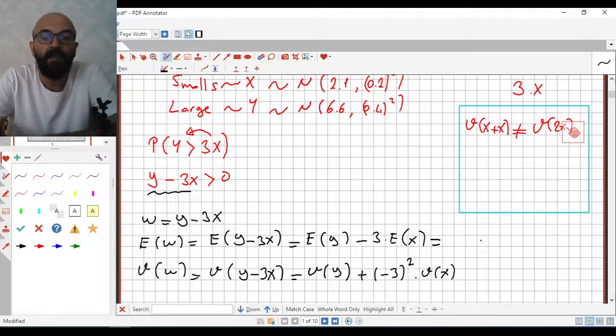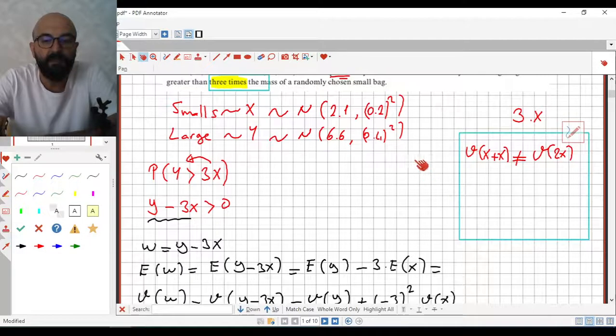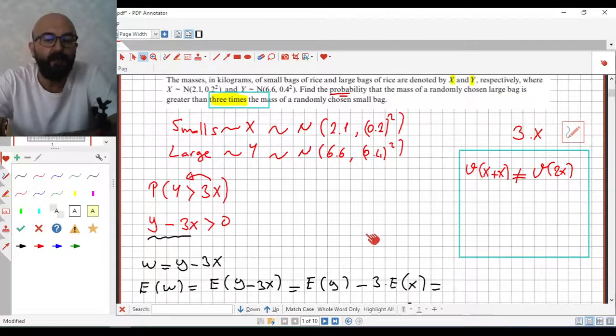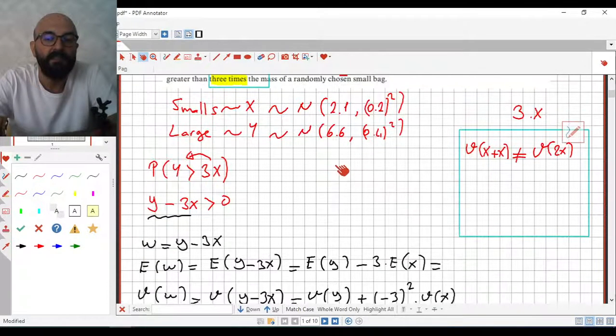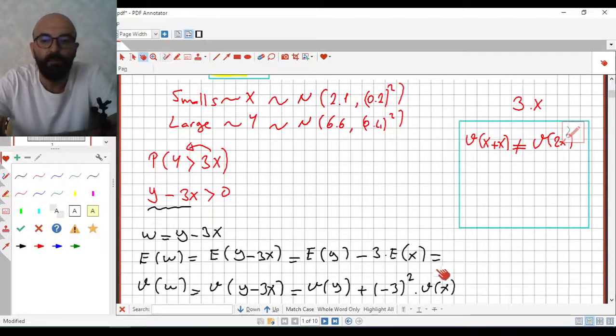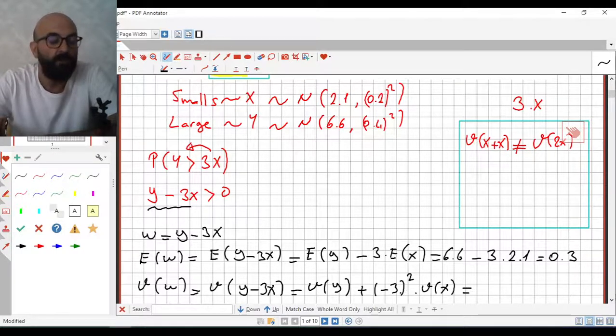It means the expected value is 6.6 minus 3 times 2.1, which is 0.3. And the other value is the variance.